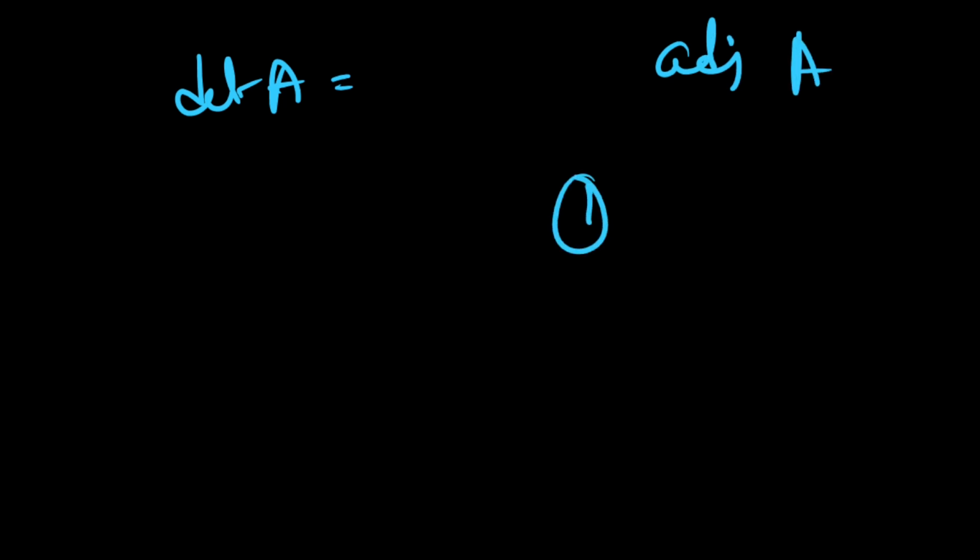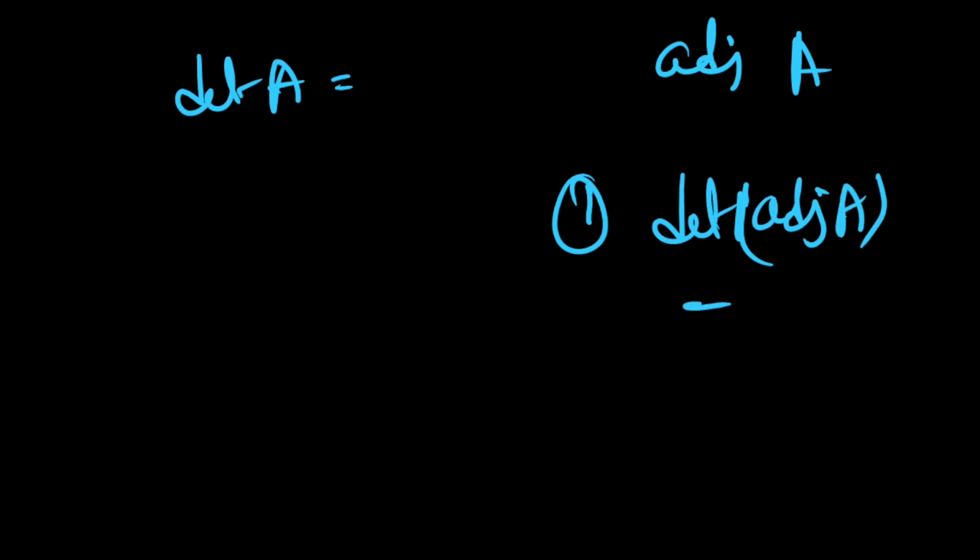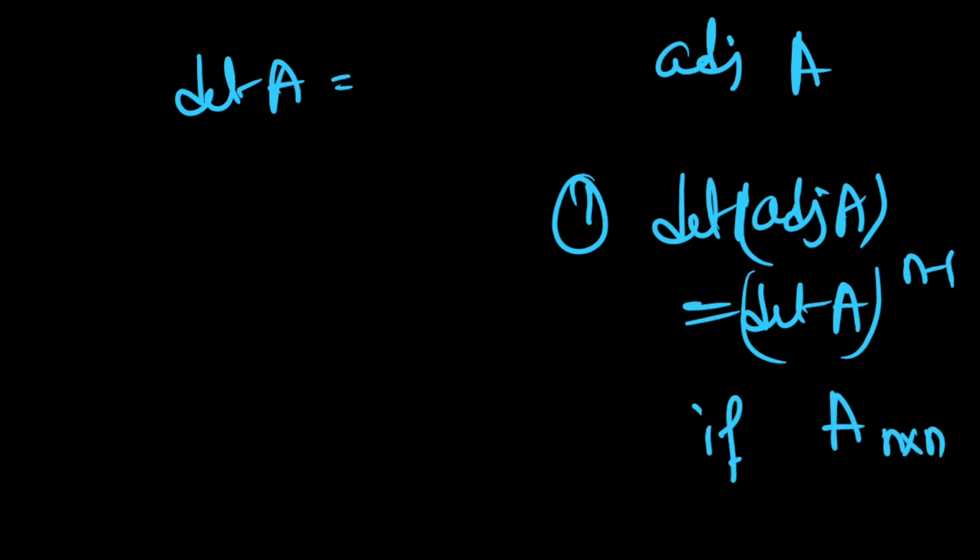So overall in this question, we find the determinant of A from the adjoint of A using this formula: the determinant of the adjoint of A is equal to the determinant of A to the power n minus 1, where A is an n by n matrix, and in the question n is equal to 3. Using this formula we got the determinant as plus or minus 10.